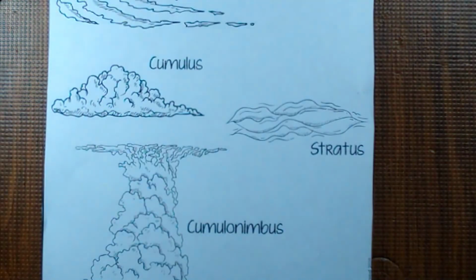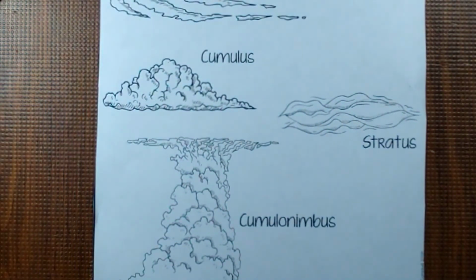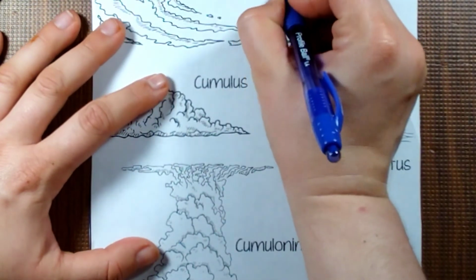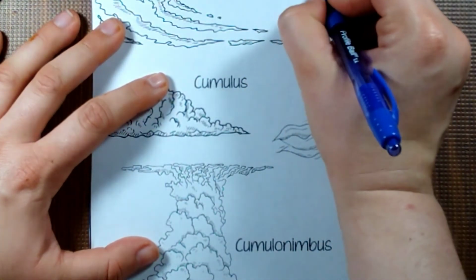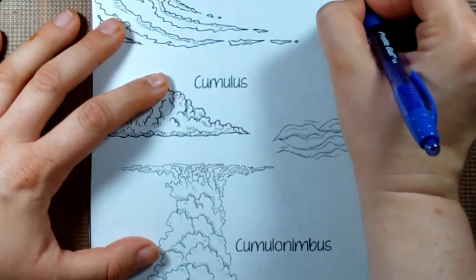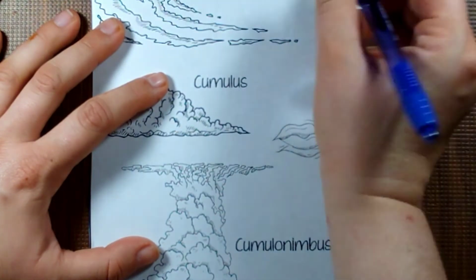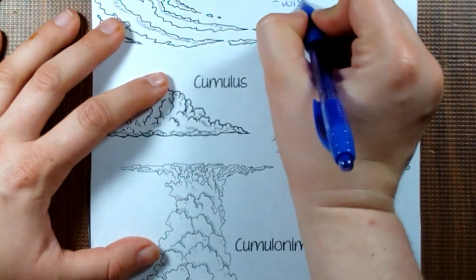Next, page 12. We're going to talk about the different kinds of clouds: cirrus, cumulus, stratus, and cumulonimbus. What you need to know is what the clouds look like and what kind of weather they can predict. So these are the high white clouds. They're wispy. This is the cirrus clouds.